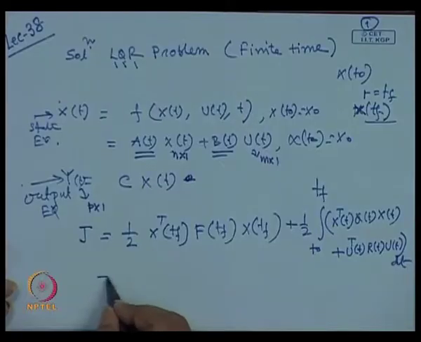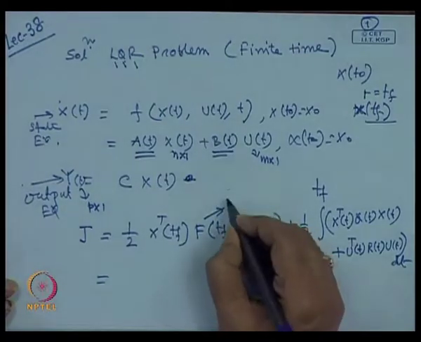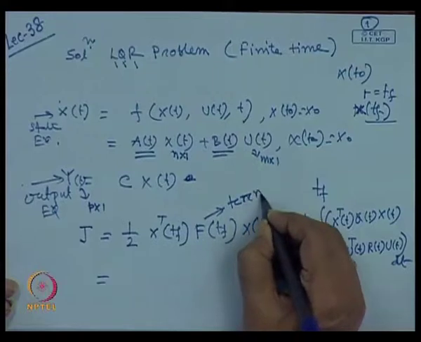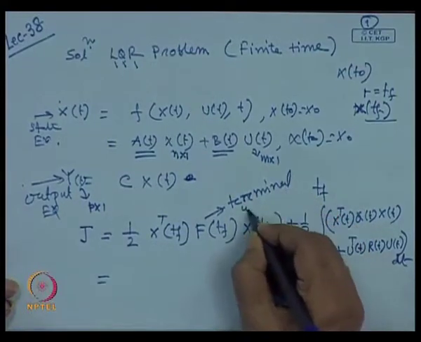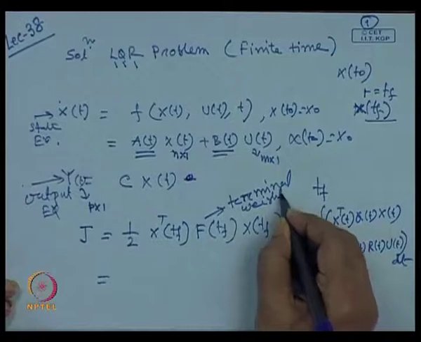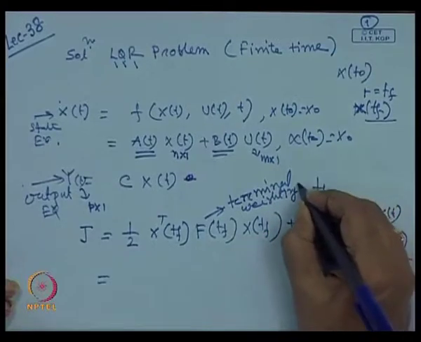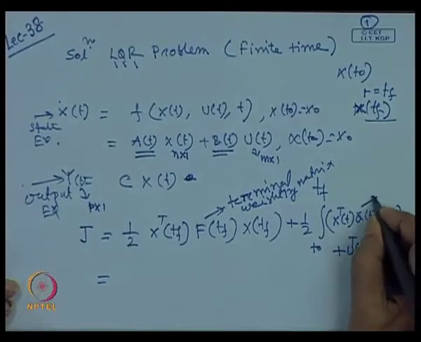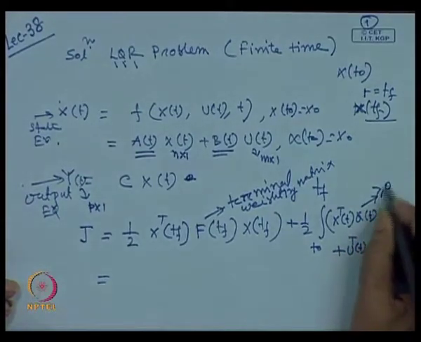Okay, we have seen that. So, as per our notation, this is the terminal weighting matrix, and this is the state weighting matrix, which is greater than or equal to 0, positive semi definite.